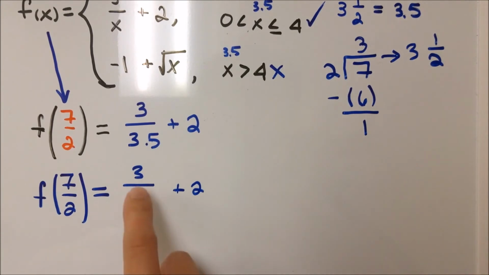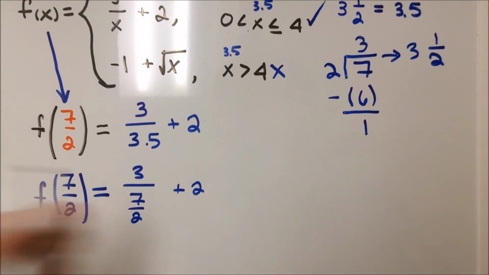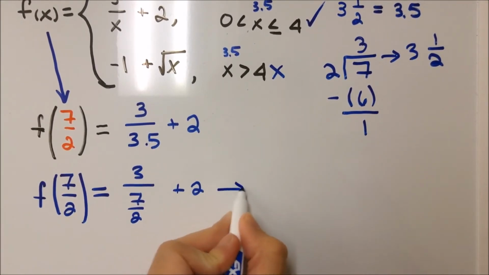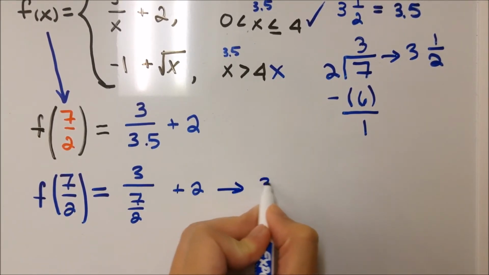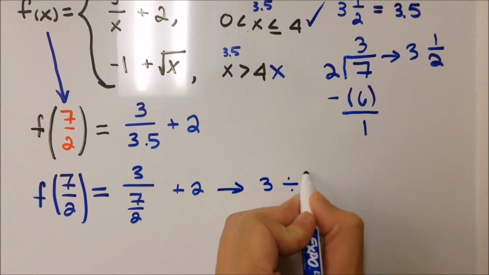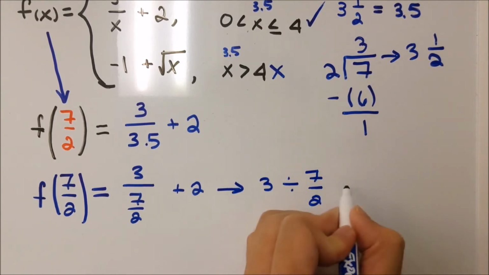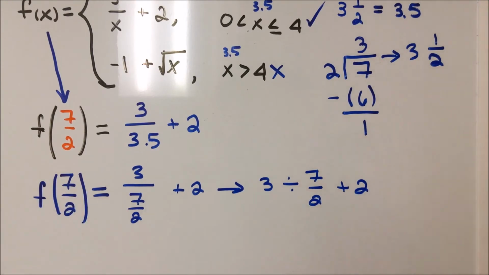Now we have a whole number divided by a fraction. So there's something we can do. We can change it into a division problem. So 3 divided by 7 halves plus 2. Now, if I convert this into a fraction, what we're going to have is 3 over 1 divided by 7 halves plus 2.